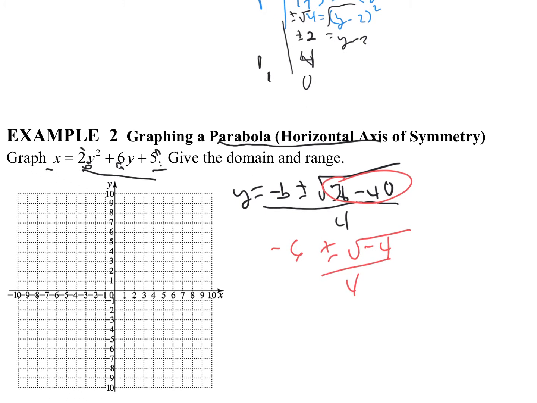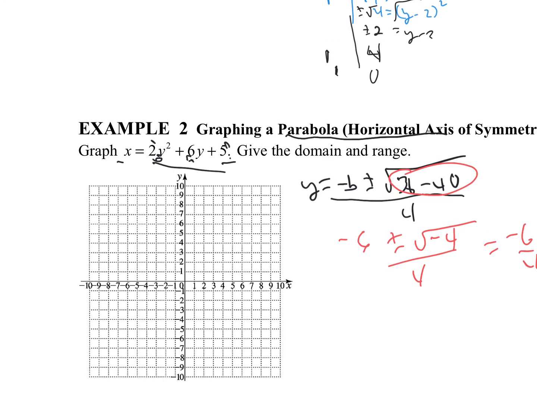And you know that's complex roots, negative 6 plus or minus 2i, each over 4. That means wherever the vertex is, and I haven't found the vertex yet, I will use the old-fashioned method in a second, it doesn't cross this axis.